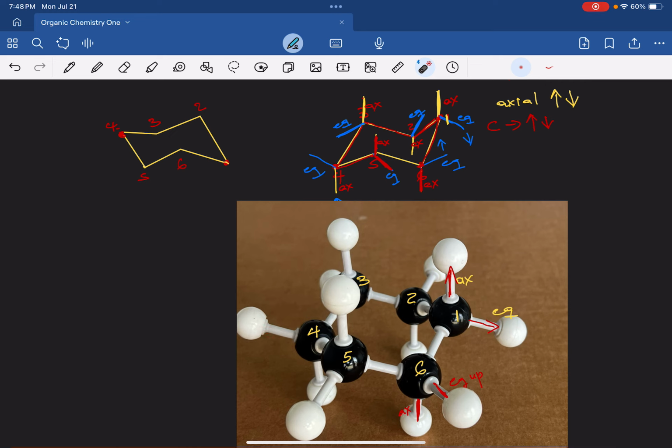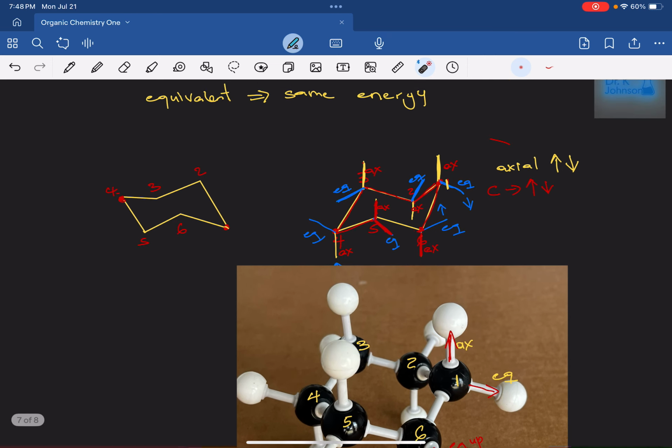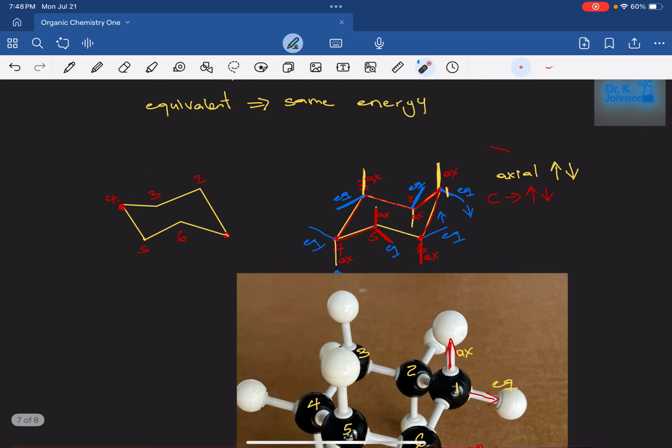So always remember for your chair conformations, the two chair conformations for cyclohexane are equivalent. That's because they have the same energy. If you want to draw the two chairs, just draw the two parallel lines that I drew in the beginning. You can't go wrong.